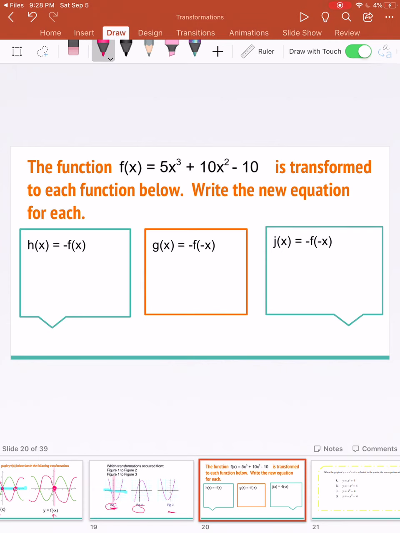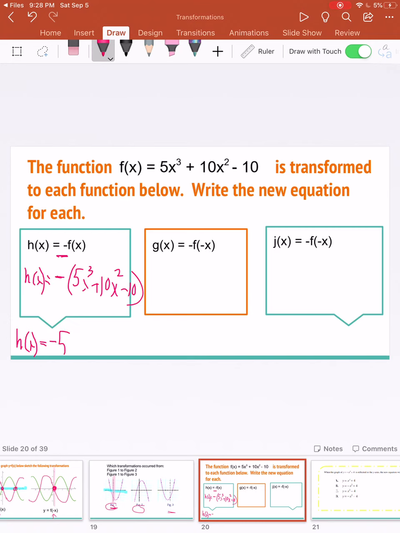So when it comes to function notation, if your negative's on the outside, it's almost like you treat that negative like a coefficient, and you're going to multiply your whole f function by that negative. So I'm going to put that negative there, and then my f function is 5x cubed plus 10x squared minus 10. So really I'm distributing that negative to my entire equation here.